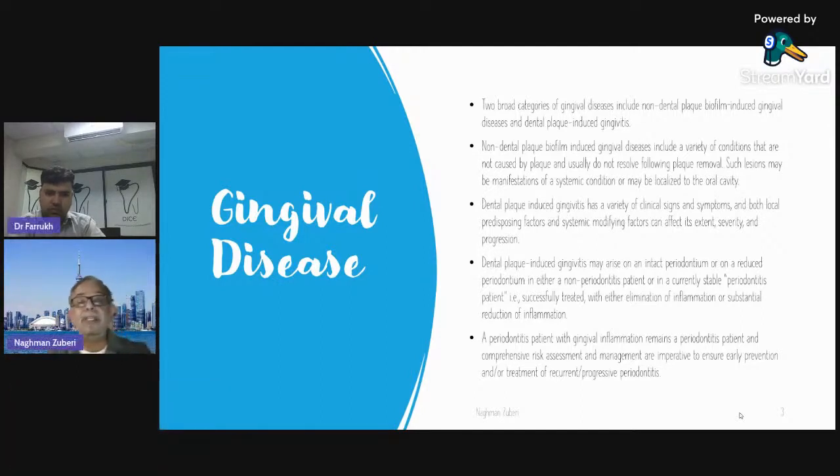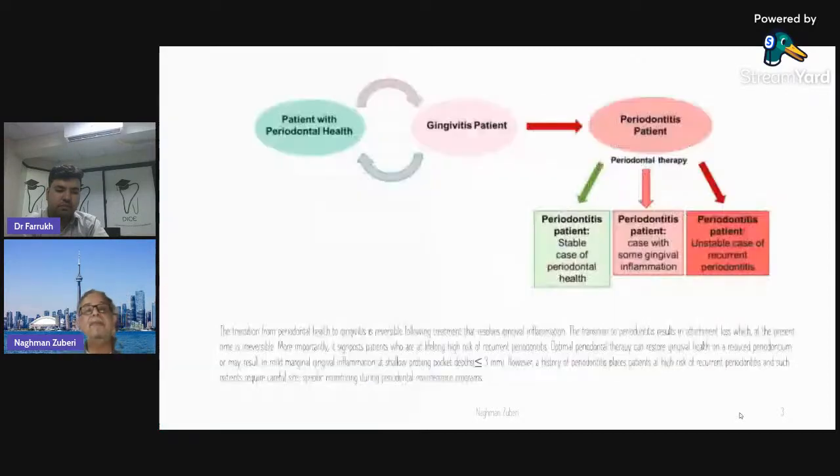A periodontitis patient with gingival inflammation remains a periodontitis patient, and comprehensive risk assessment and management are imperative to ensure early prevention as well as treatment of recurrent or progressive periodontitis.